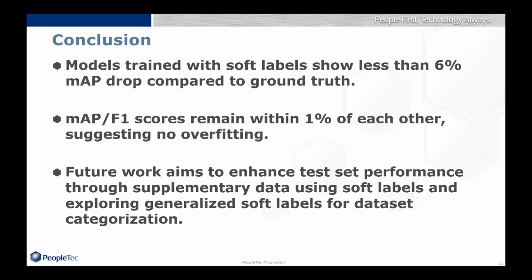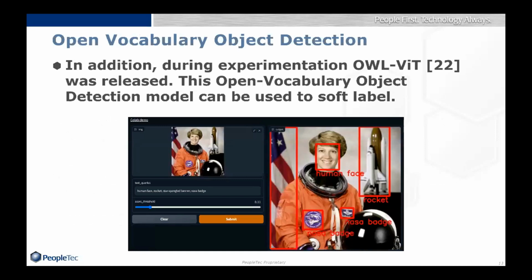During this work, about 6 months ago when we were working on this, one of the methods that we saw come out was the open vocabulary object detection model, OWL-ViT. This was trained on image-text pairs, and it can be used to query an image with one or multiple text queries to search for and detect target objects described in your text queries here.